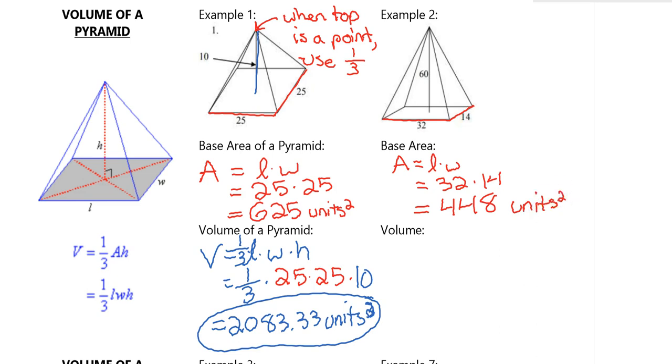Looking at our volume, again, volume equals 1/3 times length times width times height. So that's 1/3 times, again, my length and my width don't change from finding my base area, times my height, and my height here is 60.